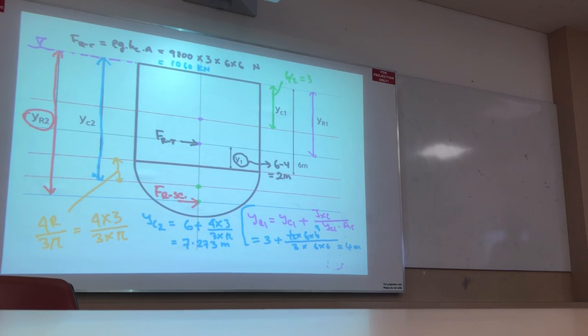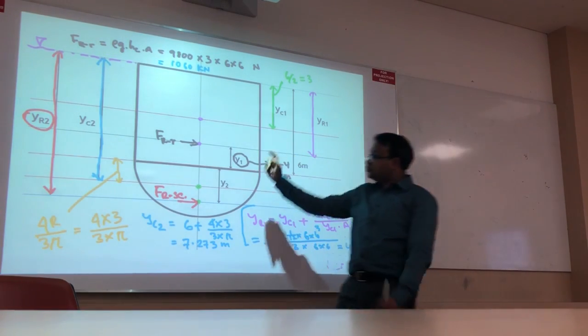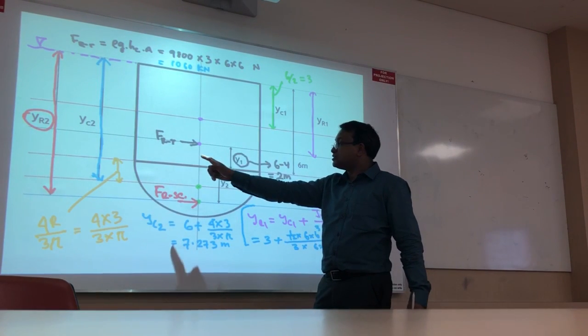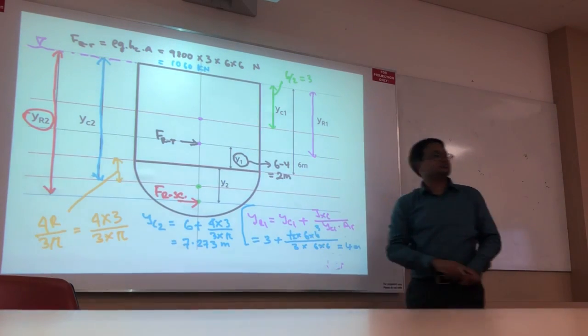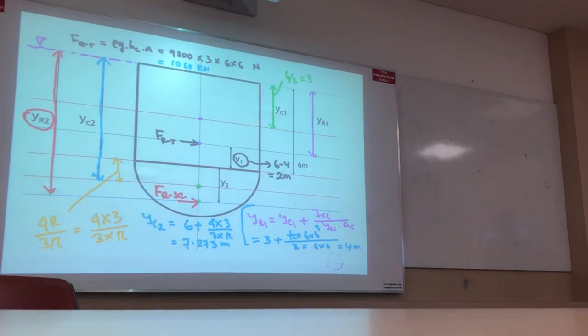Okay? So what is the value of y2, right? For y2 I need to find the distance from here to here. What is y2? yr2 minus 6. Very good. So yr2 is important. So I need to find, this one becomes yr2 minus 6.